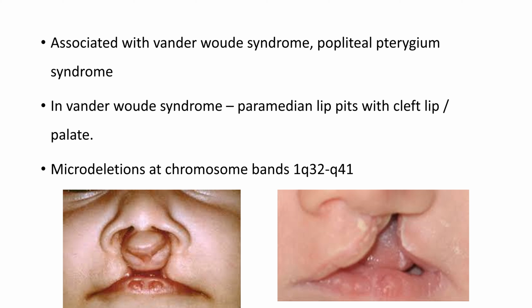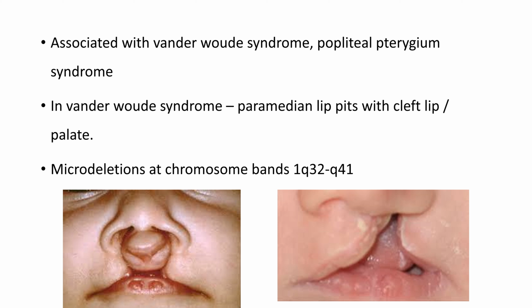Congenital lip pits are associated with two syndromes. First is Van der Woude syndrome. Second is popliteal pterygium syndrome. In Van der Woude syndrome, you see lip pit along with cleft lip or cleft palate or cleft lip and cleft palate.